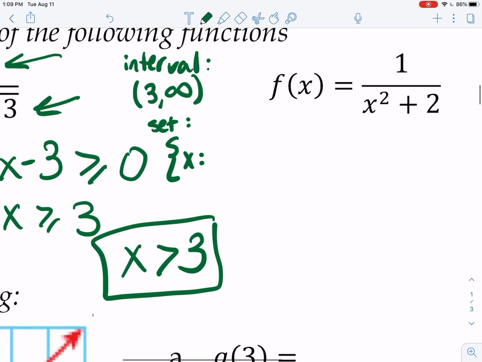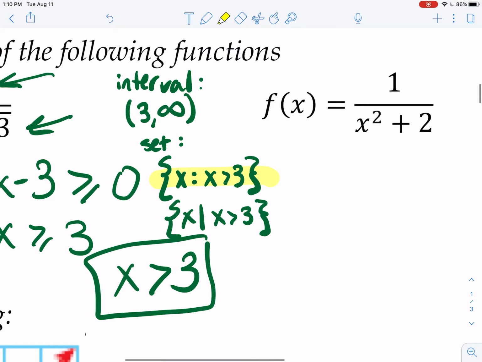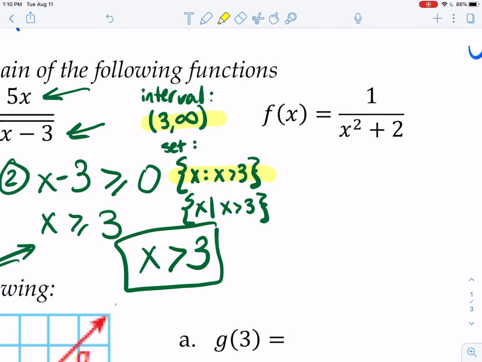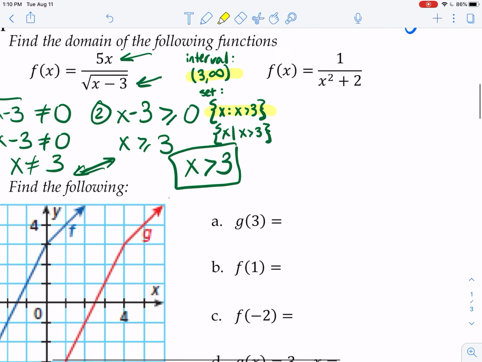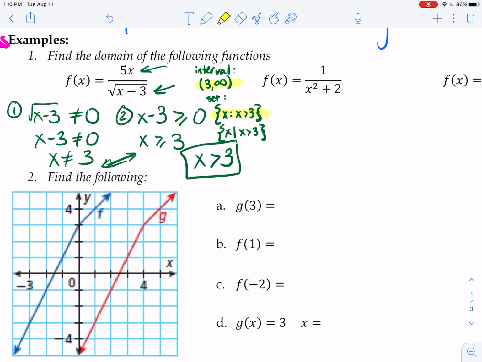Both of those are correct. That's the answer to the first problem.